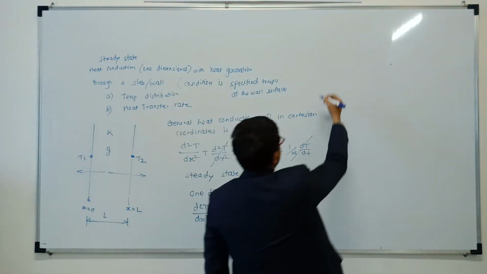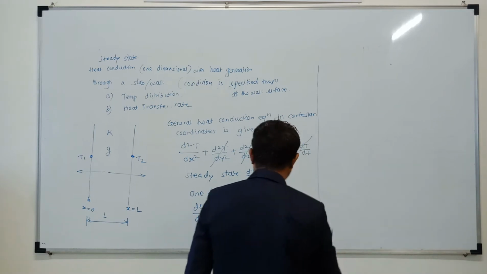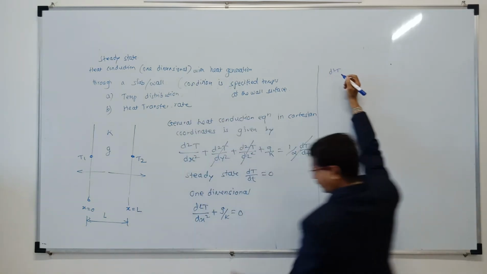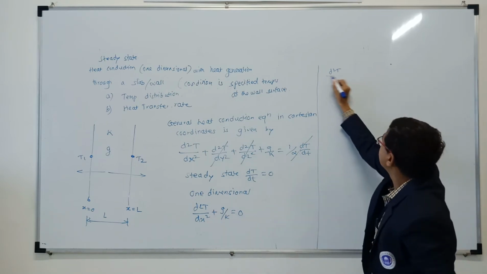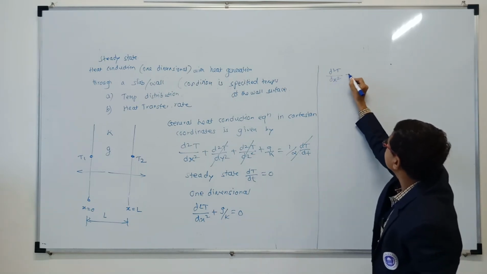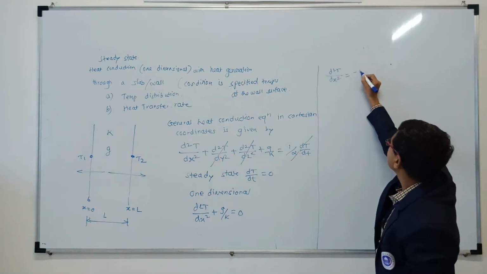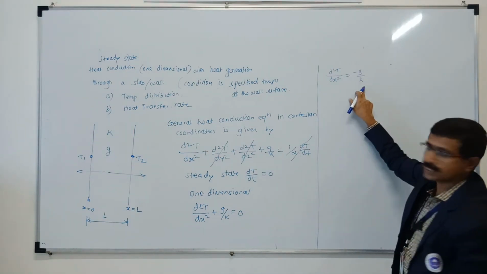Okay. Now I will solve the remaining equation here. d square T by dx square is equal to, I will take this term on the right hand side, so it becomes minus G by k.